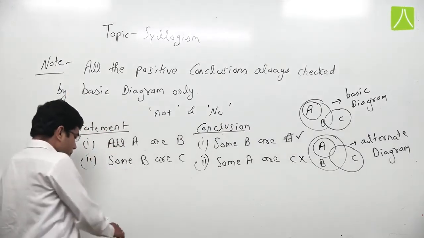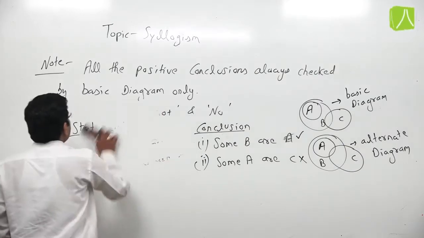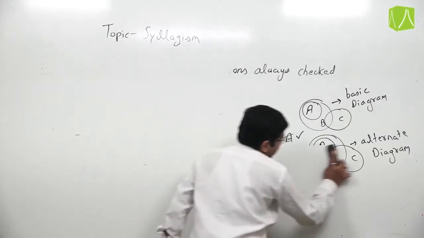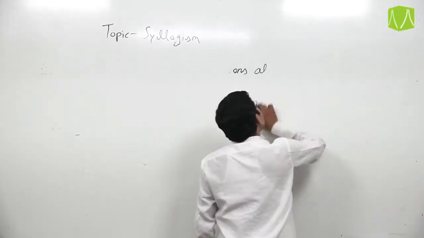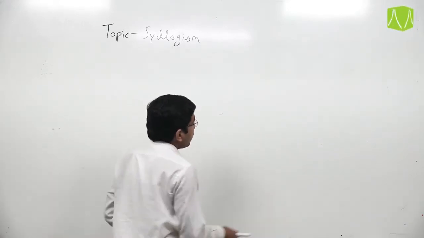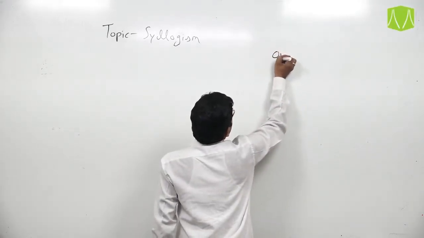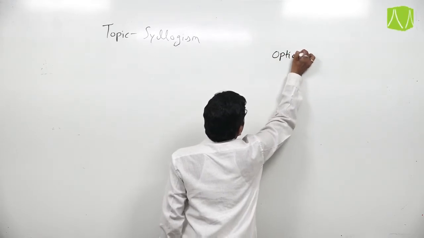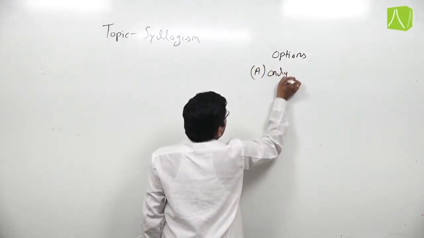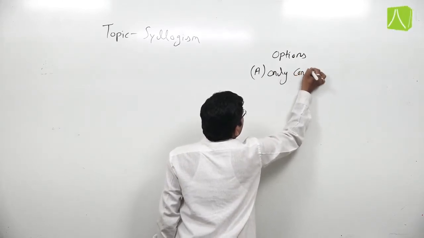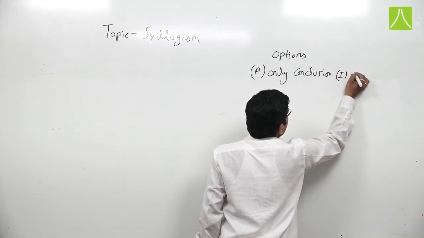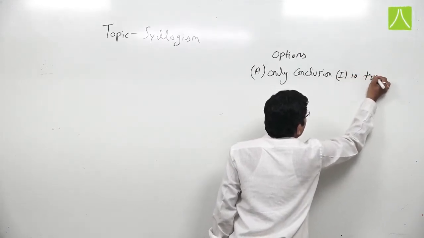Now one by one let's take other examples. In this topic there are 4 types of options. I have written the 4 options here. Our A option is only conclusion 1 is true.